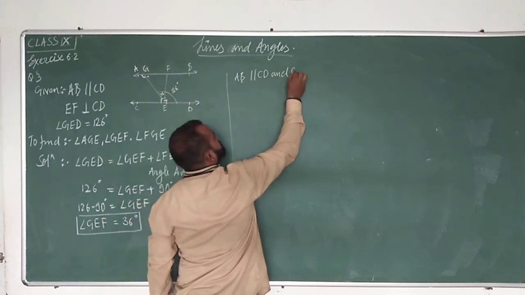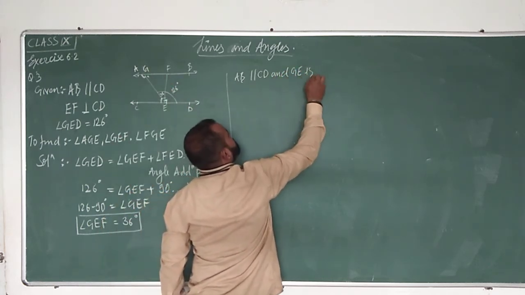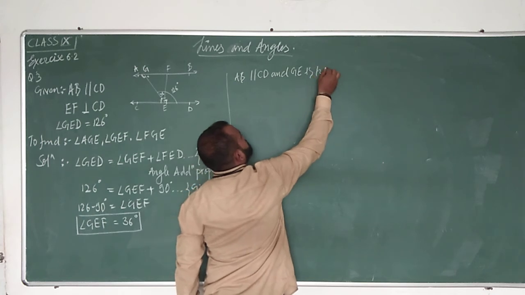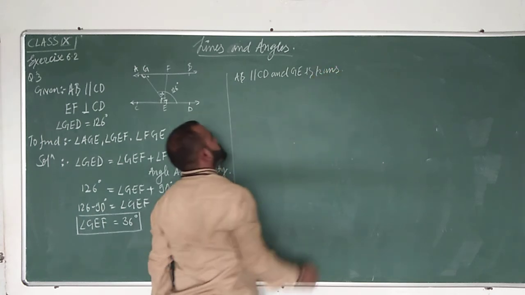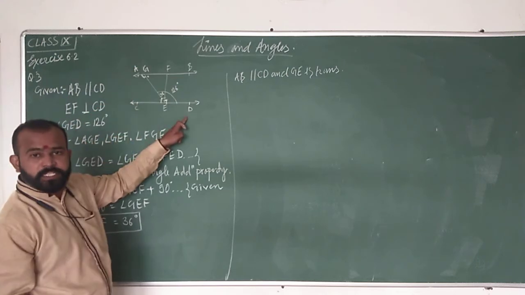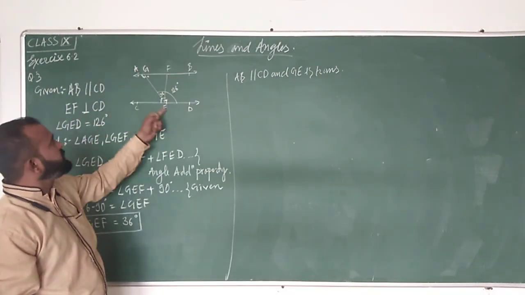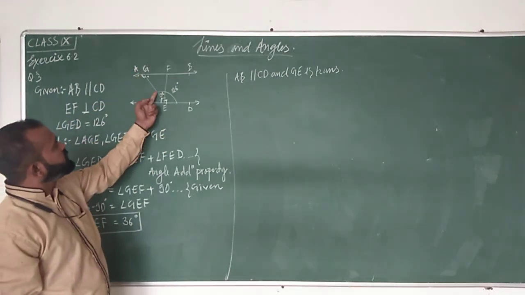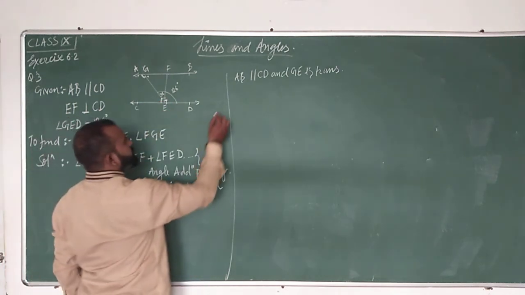GE is transversal. Look carefully: AB is parallel to CD and GE is transversal.